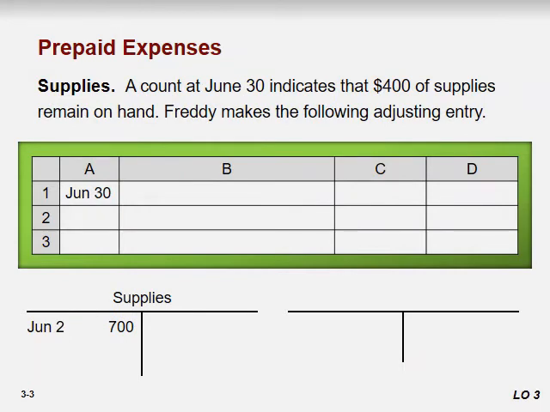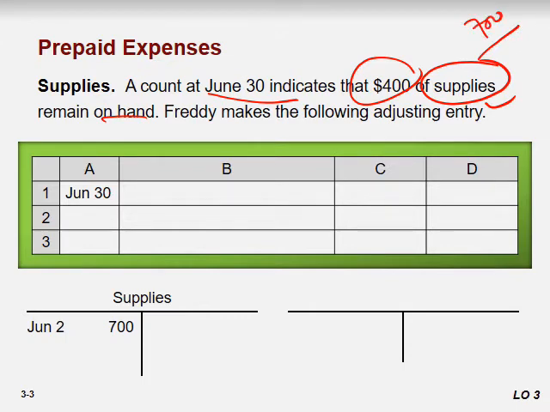Now the account at June 30 indicates that $400 of supplies remain on hand, which means 300 we used. So our supplies asset, which was 700 before, is reduced to 400 right now, which means 300 is used. So the entry would be supplies expense to supplies.